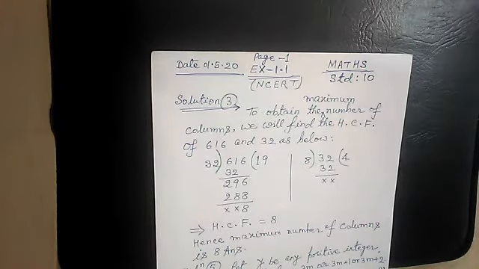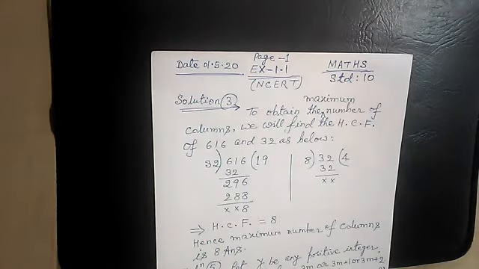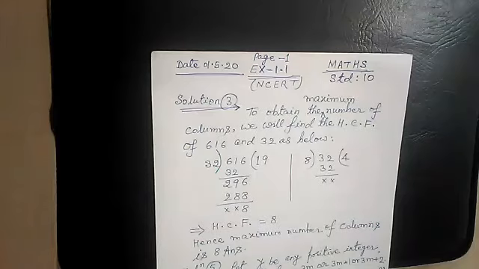You have to find out the number of columns in which all of them can march. So simply you have to find the HCF, highest common factor, of both the numbers, 616 and 32. Obviously 32 is lesser.